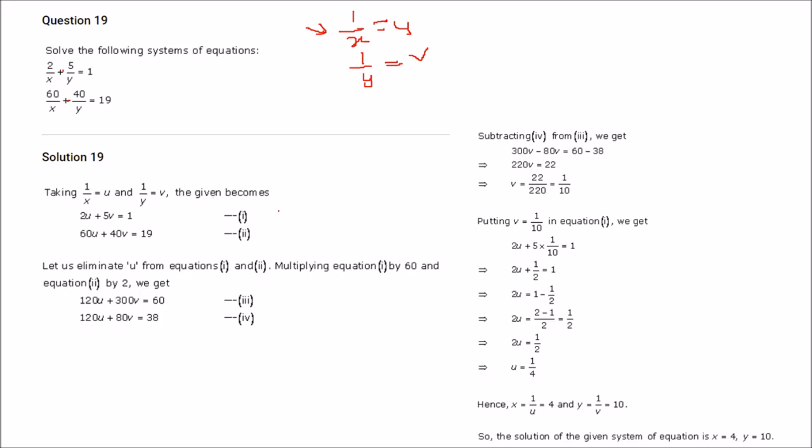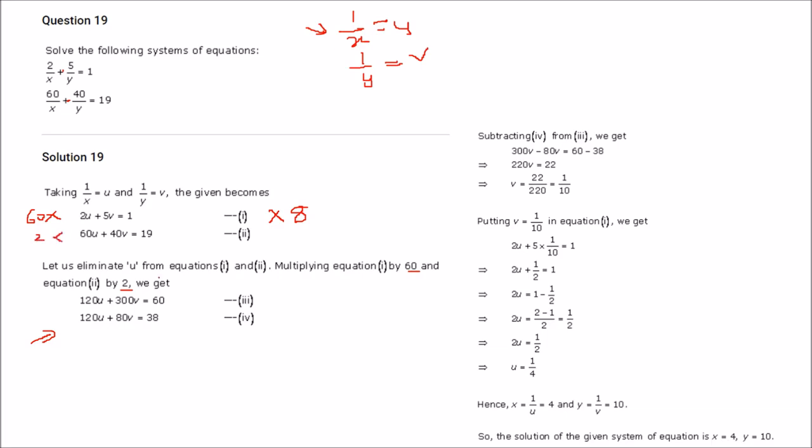Now what you can do here is, you can simply multiply this equation. As I said earlier also, there are different solutions. There is not a single solution. It depends on how comfortable you are with a certain solution. There is a possibility you can multiply this by 60, this equation, and you can multiply this by 2.